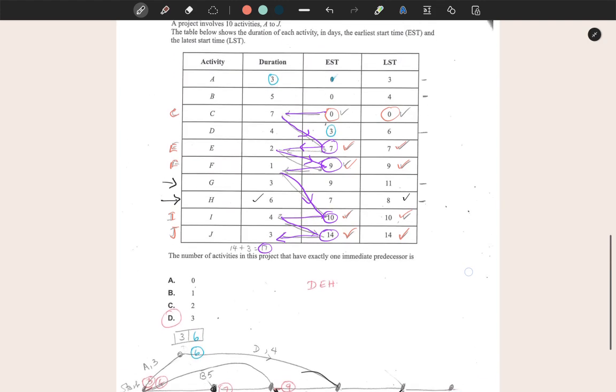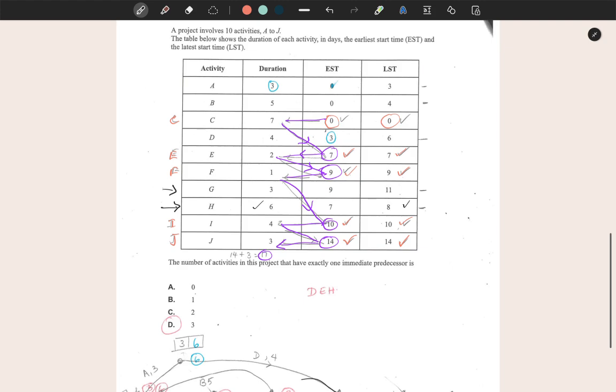So along the table, I saw that if 3 was the earliest starting time for D, I looked for another activity that could finish at 3, and I found A. So 0 plus 3 is 3.